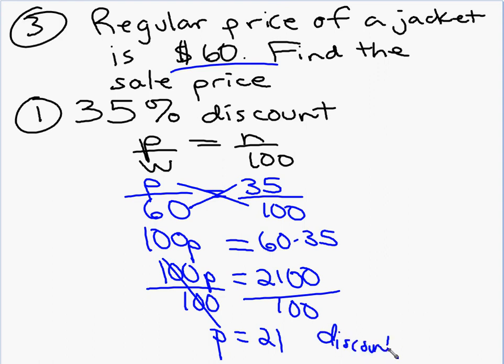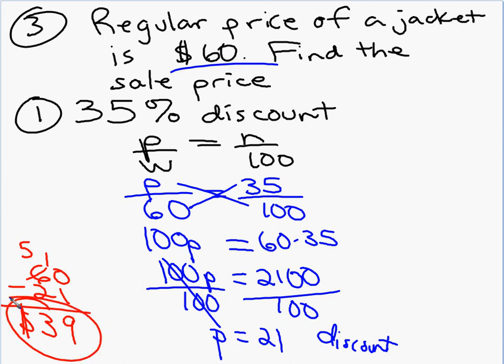This is not the answer. I need to come over to the side and do 60 minus that 21 to get the sale price of the jacket. So you can use your calculator for that or do regular subtraction. The sale price of the jacket is $39. $21 is the discount. And we will stop there for today.